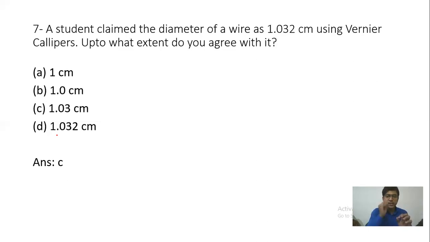It means that the least count is 0.01, so you can accept the value up to 2 digits after the decimal point. Up to 2 digits after decimal, you can agree with it. So you will accept the value till 1.03 centimeter. So this is the correct answer. C is the correct answer.